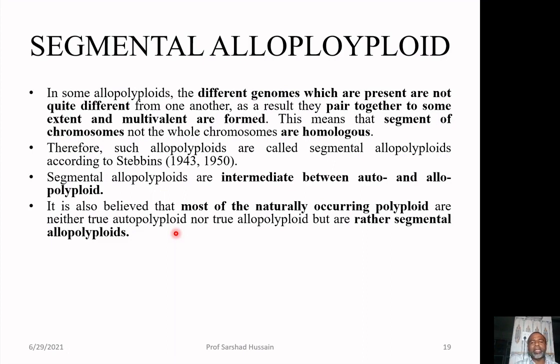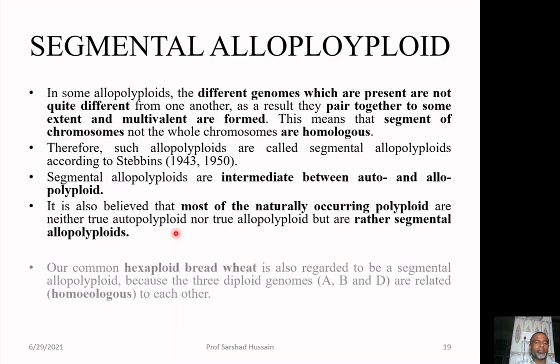So, definitely there is some resemblance in some portion of the genome which is called segmental allopolyploidy, which leads to the F1 hybrid being survivable.